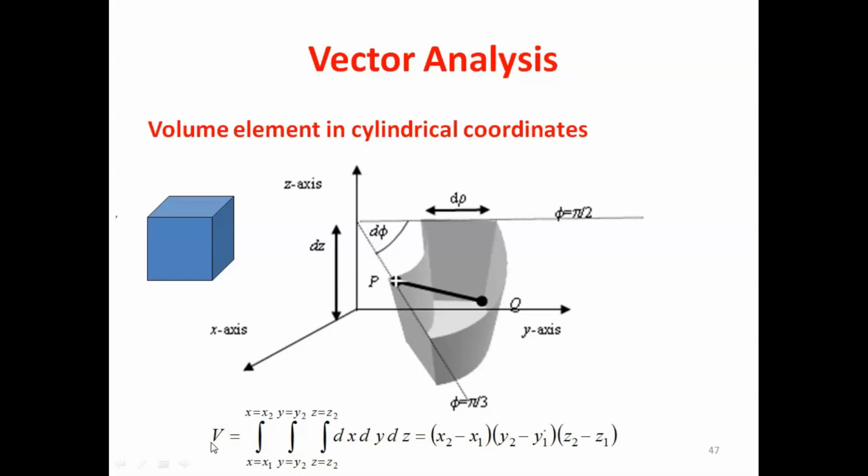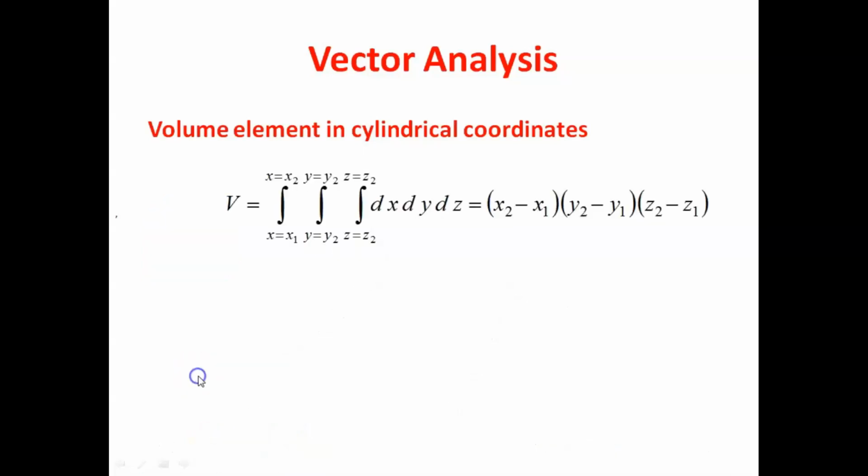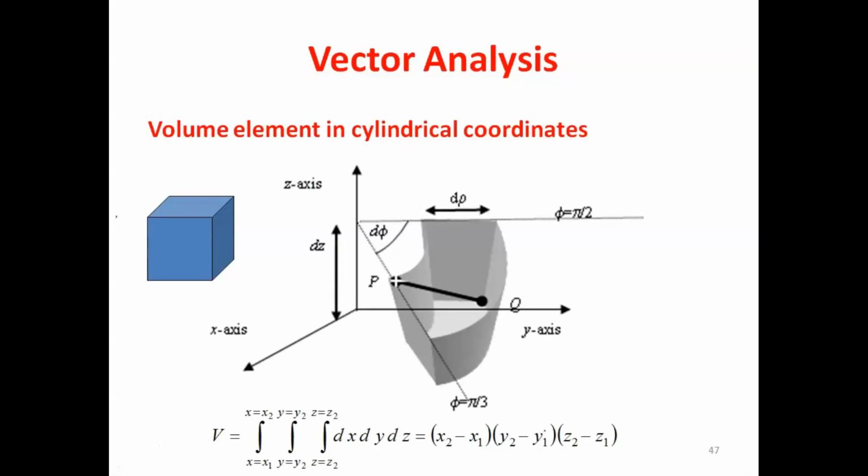In case of cylindrical coordinates, the volume element is little different. You have to obtain two cylinders, one of radius rho equal to rho 1, another of radius rho equal to rho 2, and the cylindrical shell between two is the concerned volume.